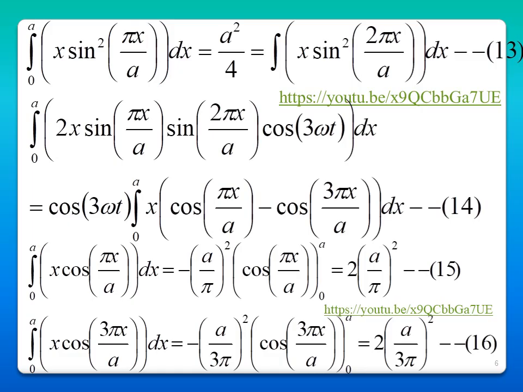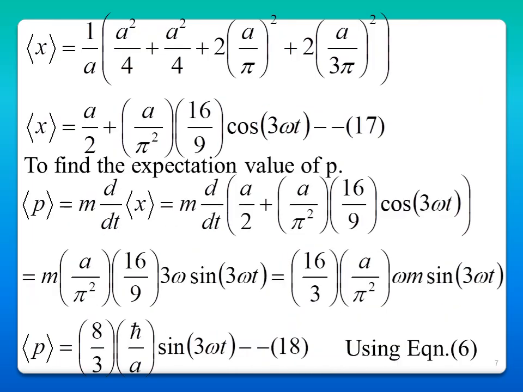Then we can get cos A minus B minus cos A plus B. And now if you integrate, the integral from 0 to a of x cos pi x by a is equal to, we can get minus 2 times a by pi the whole squared. The link, it's also derived in the previous video. I have mentioned the link. And similarly, the integral from 0 to a of x cos 3 pi x by a dx is minus 2 times a by 3 pi the whole squared.